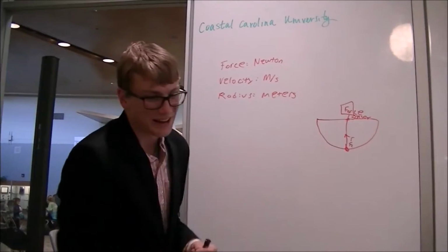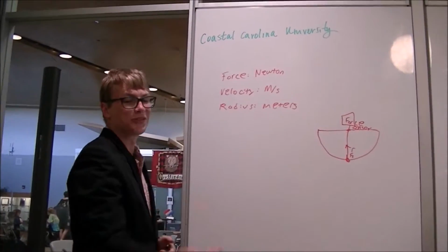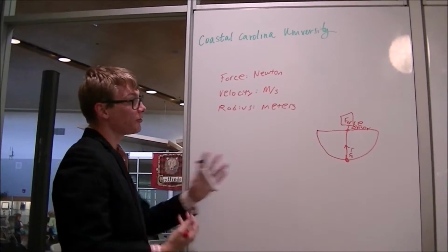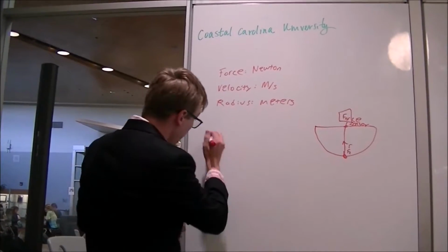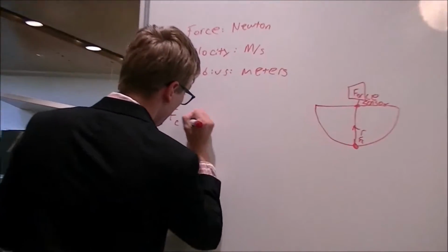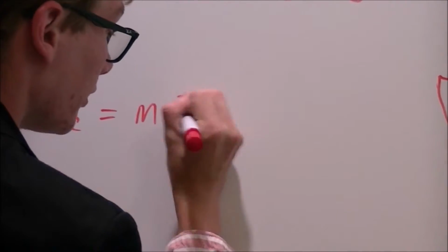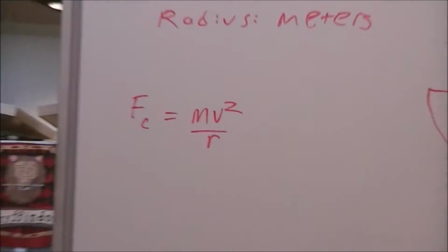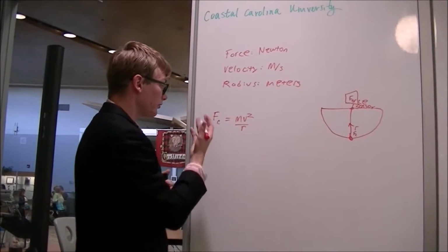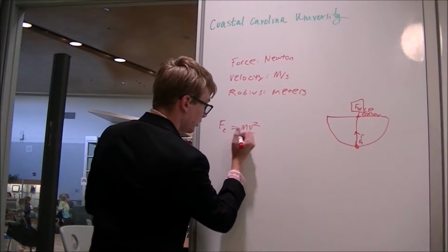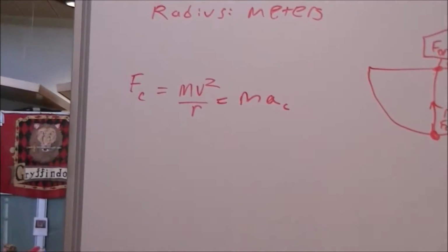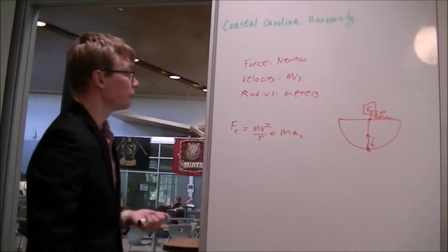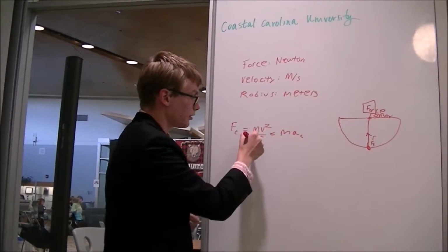Anyways, the centripetal force is also equal to the tension force in the string that is connected, which in theory, the centripetal force is equal to mv squared over r. Now, centripetal force is also equal to mass times centripetal acceleration, which is what we're looking for, which is that mv squared over r part.